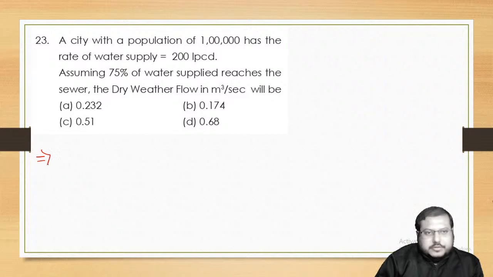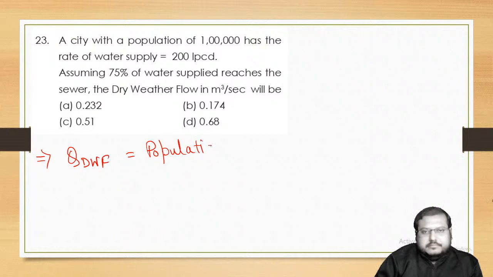Let's see the solution process. So QDWF is equals to population into per capita.